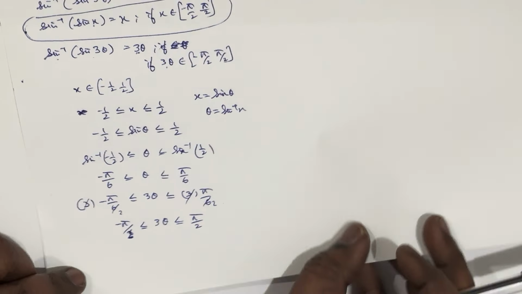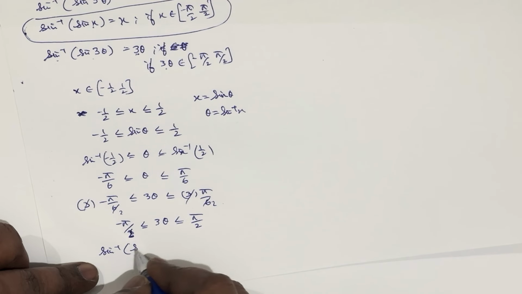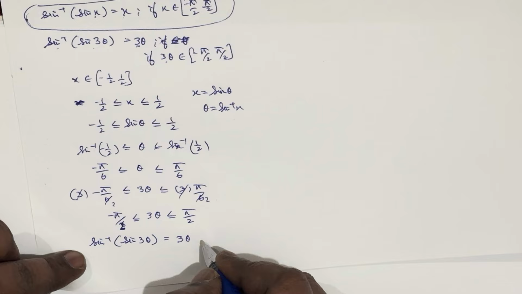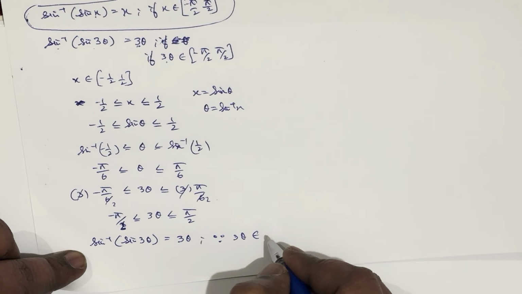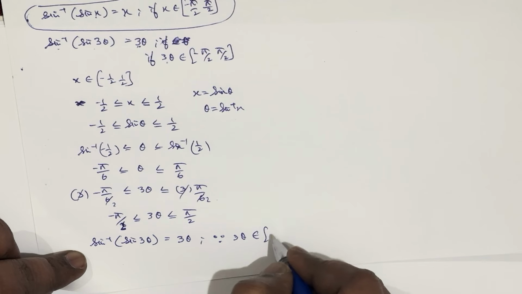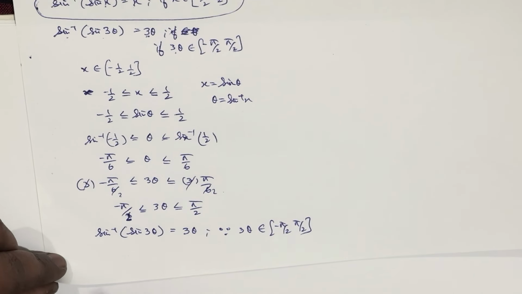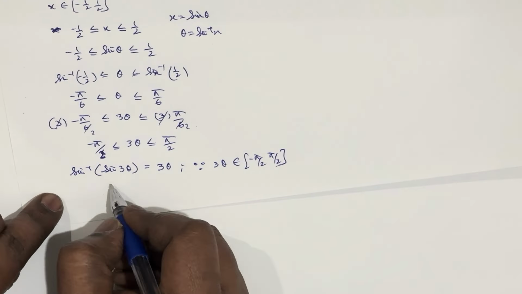So we can write sine inverse sine 3 theta is equal to 3 theta, since 3 theta belongs to the range of the sine inverse, that is minus pi by 2 to pi by 2. So now we have got 3 theta here.